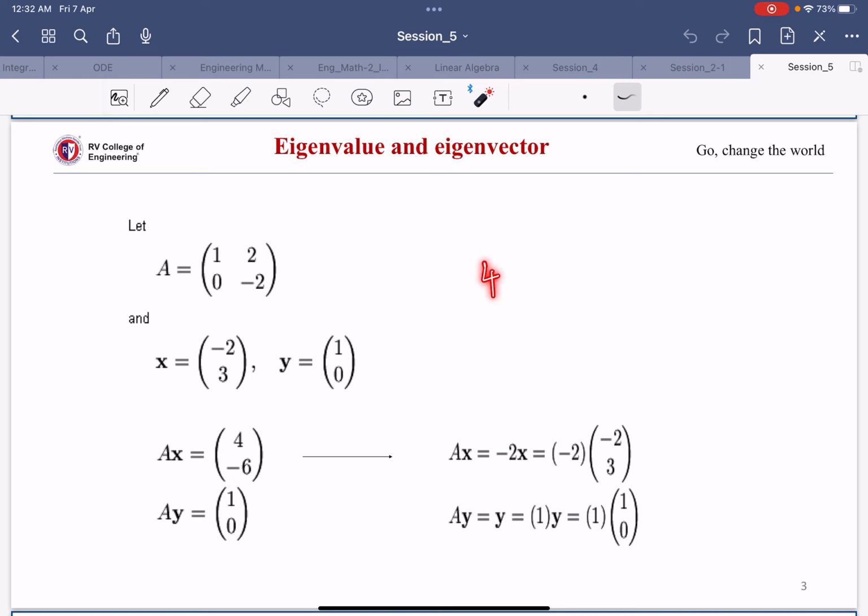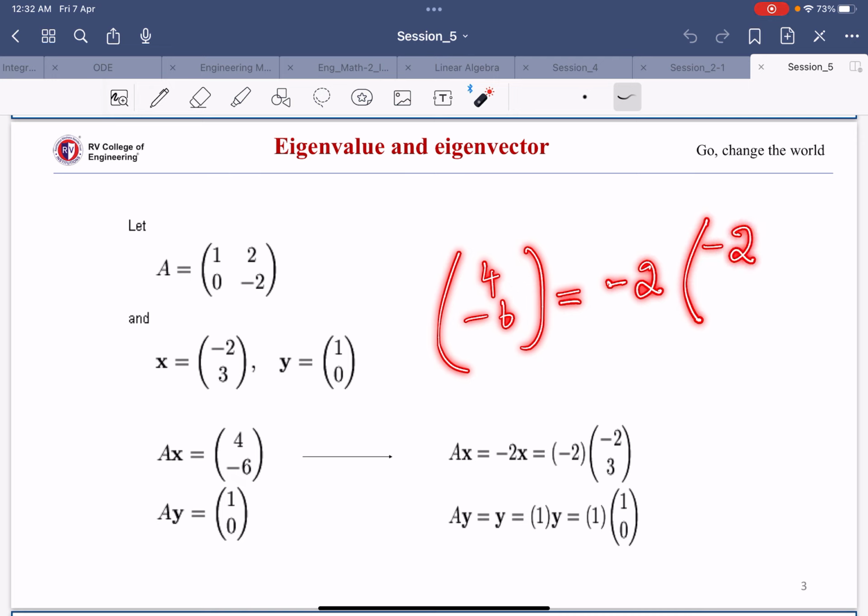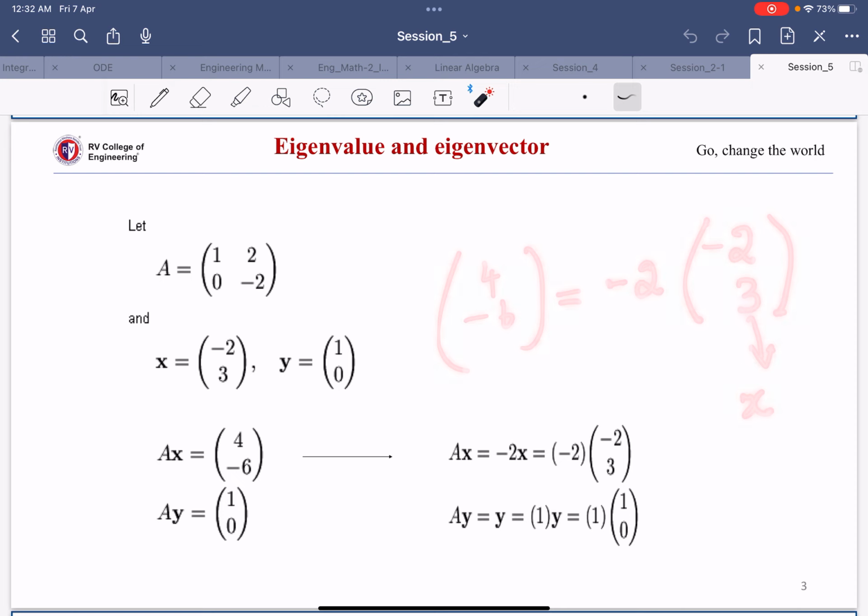4 and minus 6 can also be written as minus 2 times (minus 2, 3). So (minus 2, 3) is nothing but our x vector. So we have arrived at a particular result.